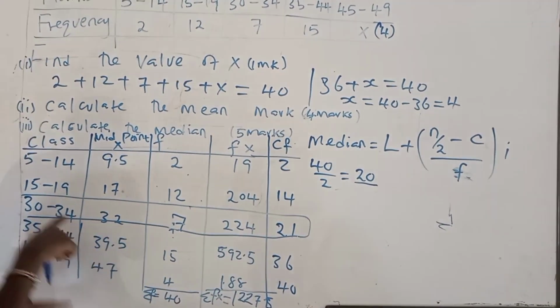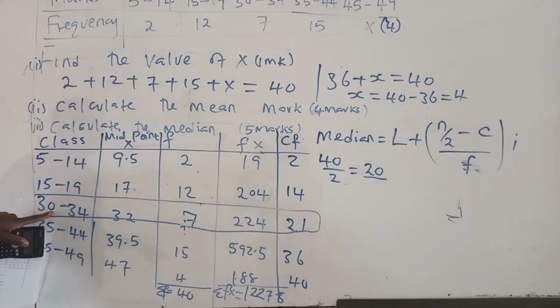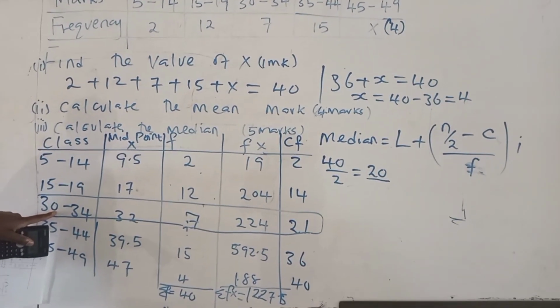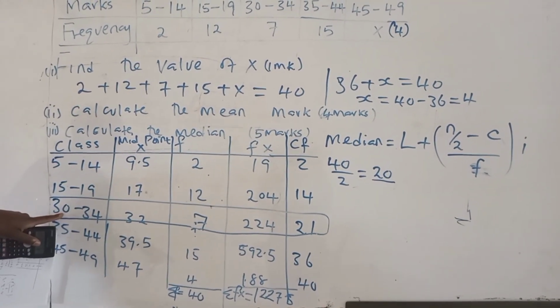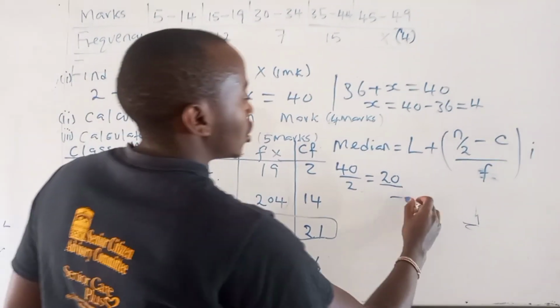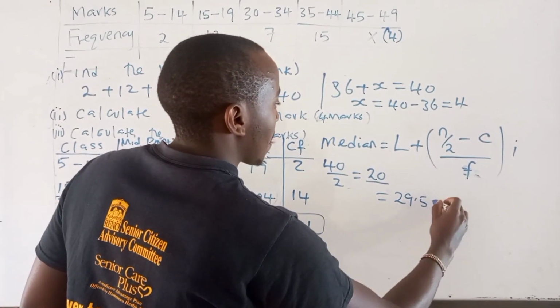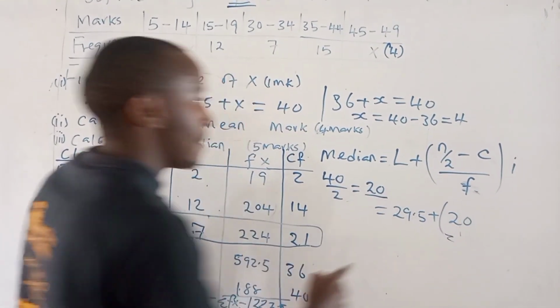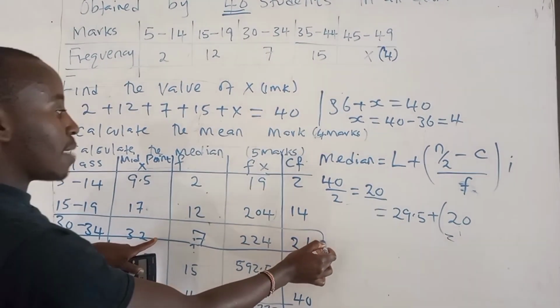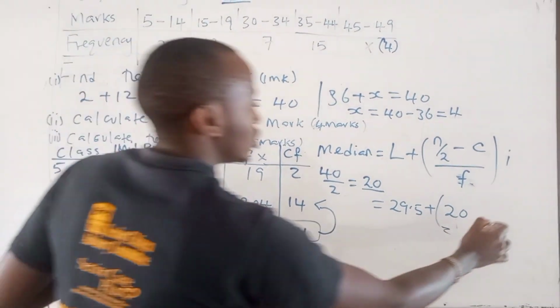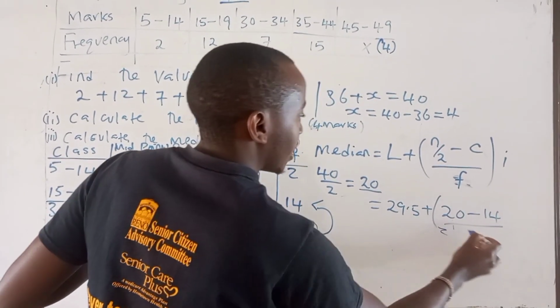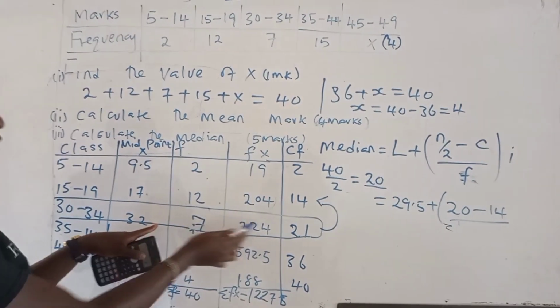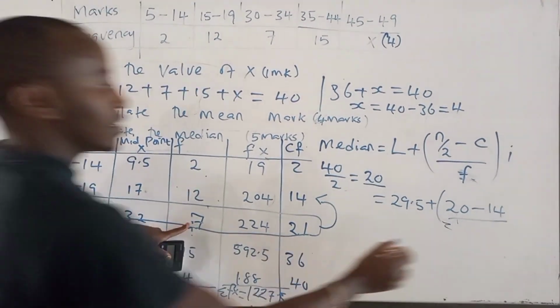And therefore we go for the lower class limit of that class, which is 29.5. We add N over 2, which is 20, minus the cumulative frequency above the class, which is 14, divided by the frequency of the class, which is 7.